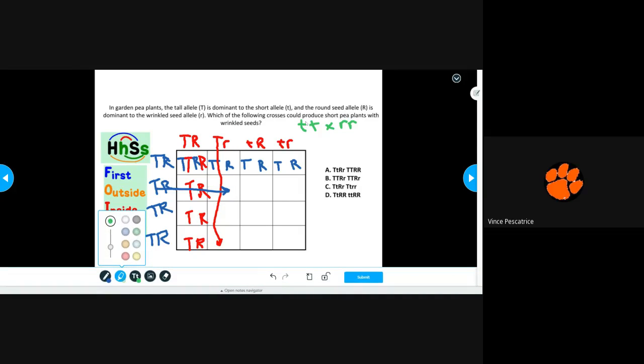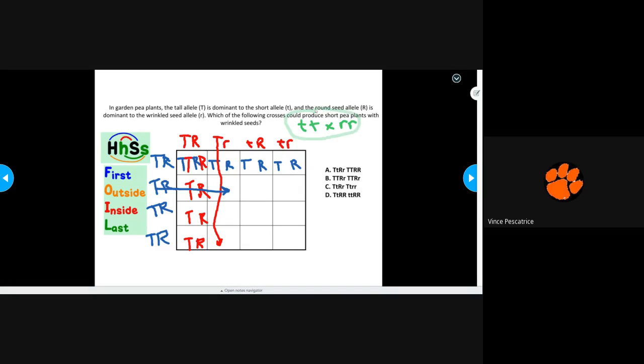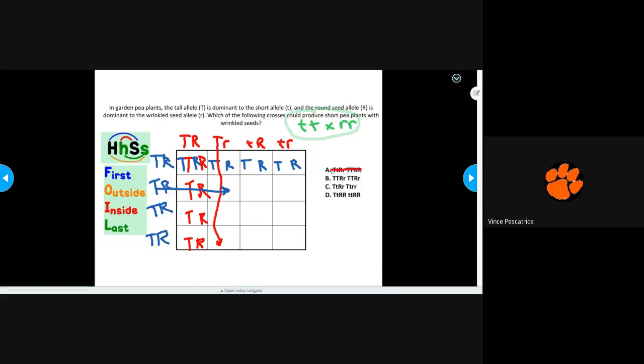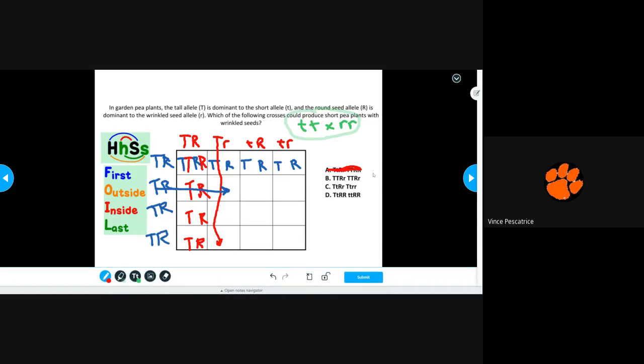So again, we're trying to find a box that would have 2 recessive t's and 2 recessive r's. We're not going to find that because in each box, you have a dominant letter coming across. So you're not going to get either of these. So it is impossible for A to be the right answer because there's no possible way to get a homozygous recessive pairing.